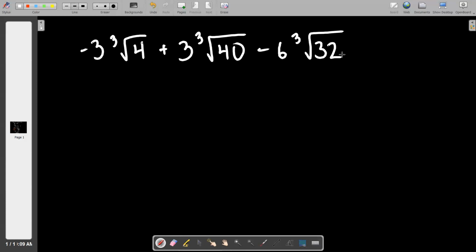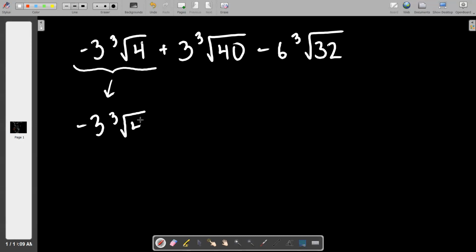So what do you notice? Yeah, the first one's done. The cube root of 4 is unmanageable. We're not going anywhere with that. So that's going to be part of our answer. I can just take this first one and copy it down. There's literally nothing you can do with a cube root of 4.